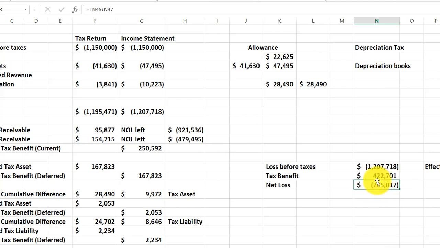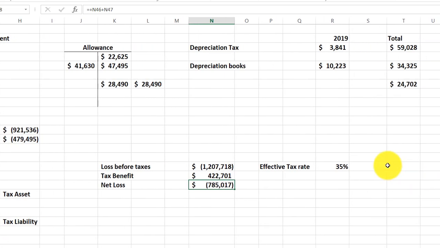So this tax benefit actually makes it not hurt as bad as the loss we see up here. And then because there were no permanent differences, there's no need to reconcile our effective tax rate to the statutory tax rate.